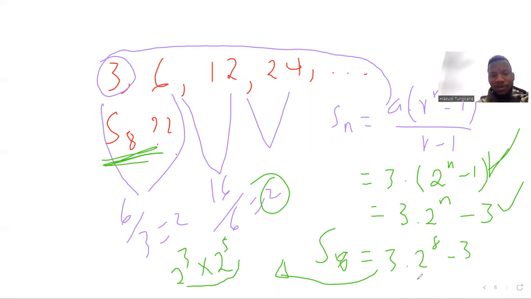So this is 8, and then this is 2 to the power of 4. So that's 16, 16 times 2, that's 32. Oh sorry, that's 32. So 32 times 8.